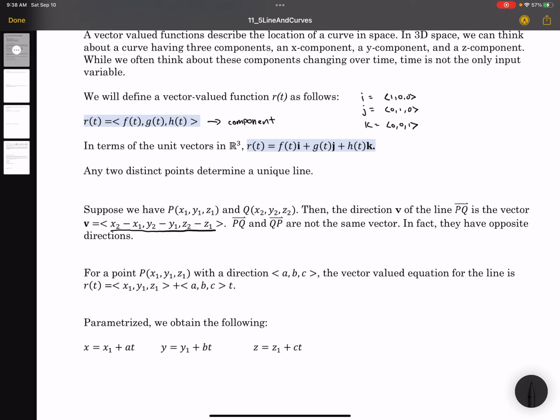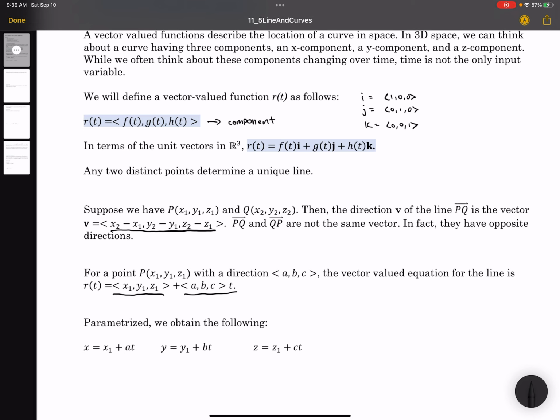So we can parameterize the line equation for our vector by using this formula: x1, y1, z1 plus a, b, c times some arbitrary value t. And a, b, c is the direction of the vector, that's the x2 minus x1, y2 minus y1, z2 minus z1.